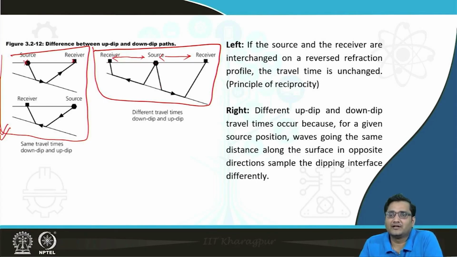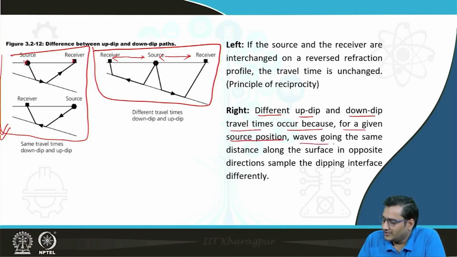You can say the sampling of the head wave will be in the opposite direction and the dip of the interface will be different. So that is what is written: different up dip and down dip travel times occur because, for a given source position, waves going the same distance along the surface in opposite directions sample the dipping interface differently.